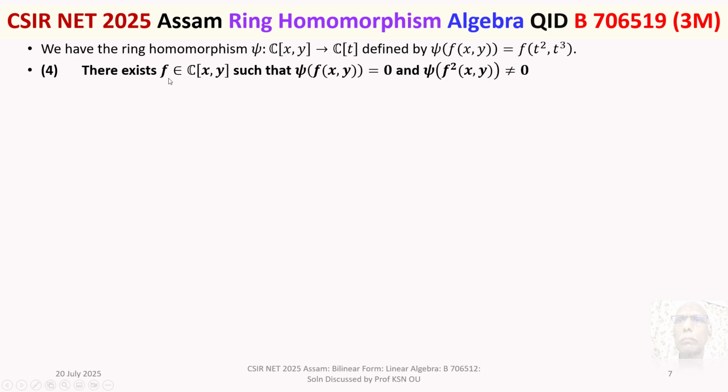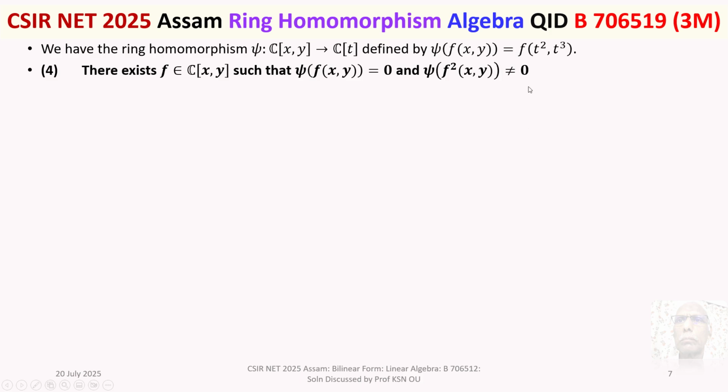So what it says is there exists an f for which psi of f is 0. That means f is in the kernel. Kernel is an ideal. Therefore, its square is also in the kernel. That means psi of f square must be 0. But here it is given not equal to 0.